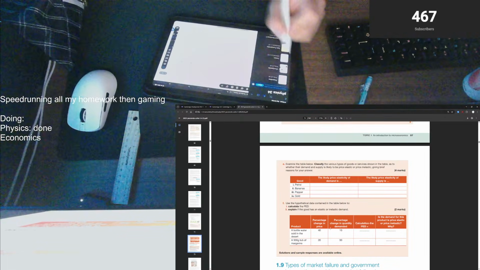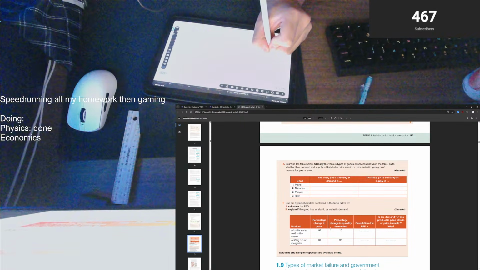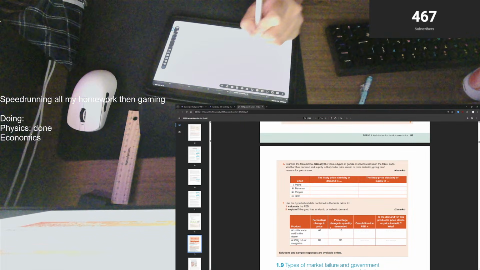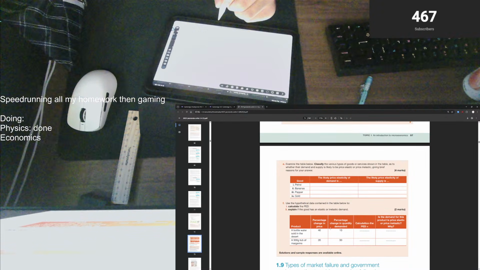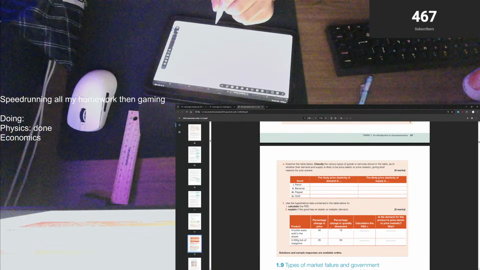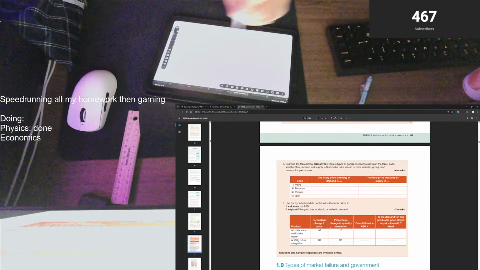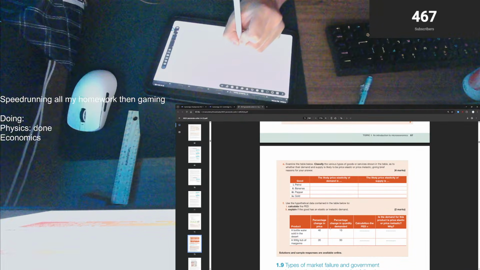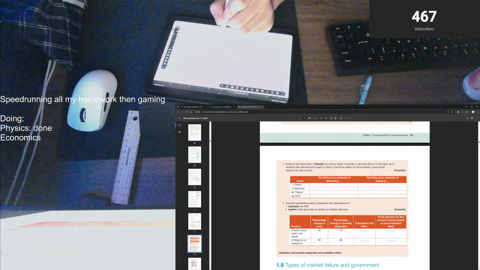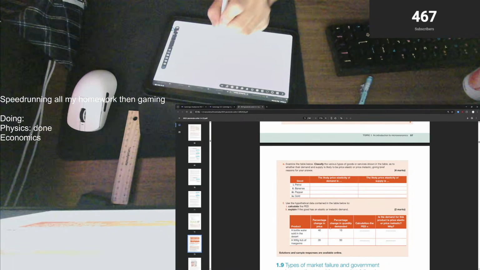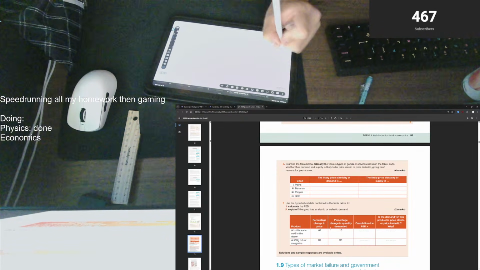Petrol, likely price elasticity of demand is elastic. Okay.